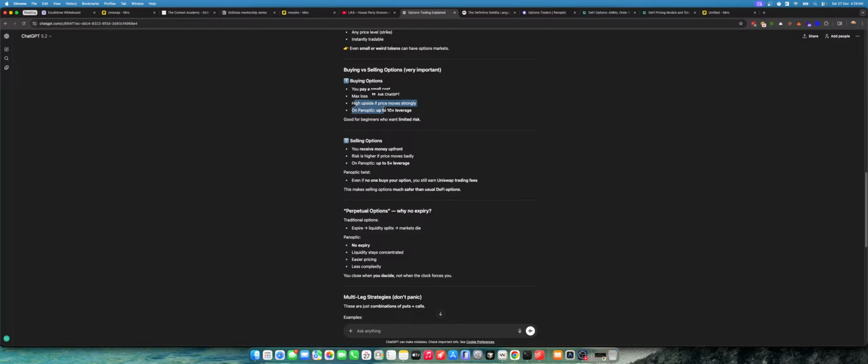High upside if the price moves strongly. Okay, so basically it is allowing you to pay a small fee for an option, right, where you can get 10x leverage, and you are just paying a minimal fee for the position.